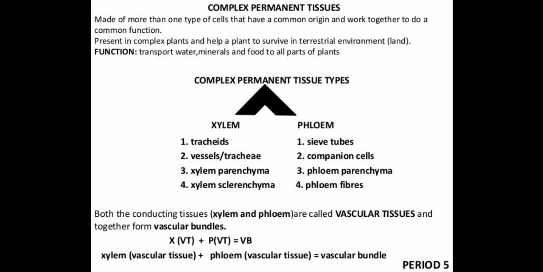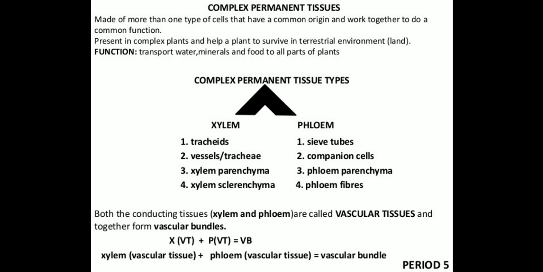Complex permanent tissues are of two types, that is xylem and phloem. Xylem consists of xylem tracheids, xylem vessels, xylem parenchyma and xylem sclerenchyma, whereas phloem consists of sieve tubes, companion cells, phloem parenchyma and phloem fibers.